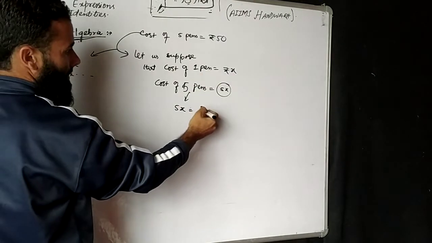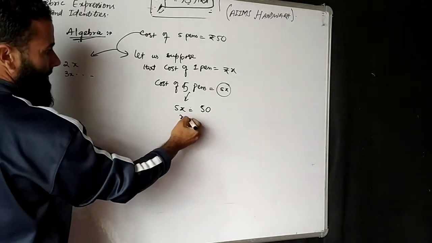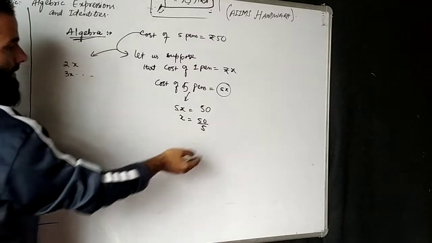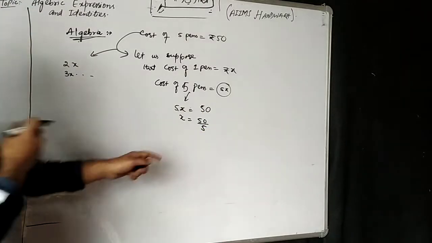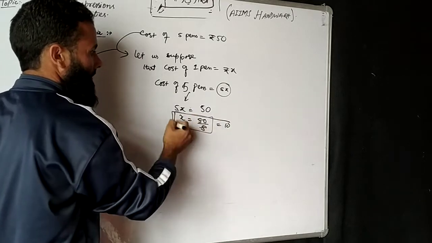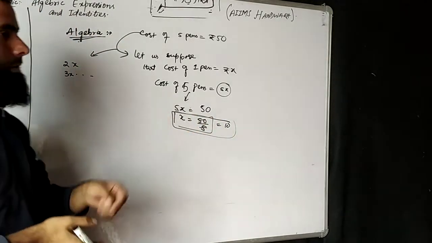This whole cost is equal to rupees 50. So 5X is equal to 50. This 5 will be transposed and it will divide 50, so X is equal to 10. That is, algebraically we can find the cost of 1 pen.